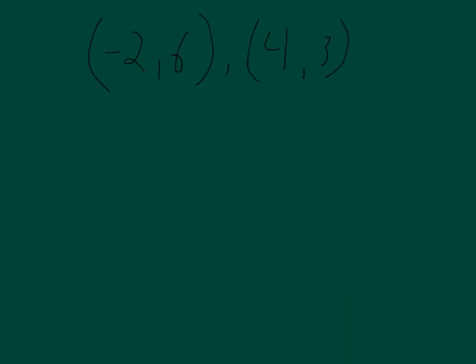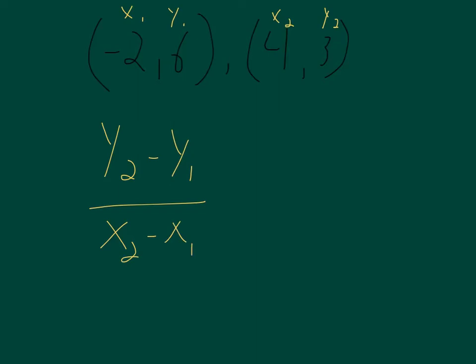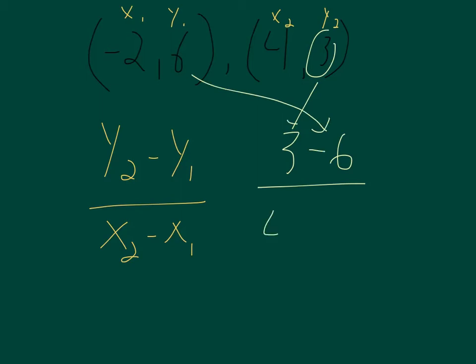So to figure out the slope, what if I just gave you 2 points? Like I said, we have our x1 and our y1, and we have our x2 and our y2. What do you need to do that? You should say y2 minus y1 over x2 minus x1. Let's plug those in. y2 was 3 minus y1 is 6. Then we do 4 minus, and don't forget the negative sign.